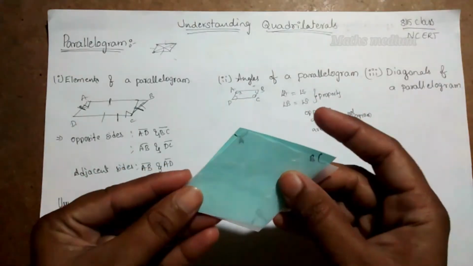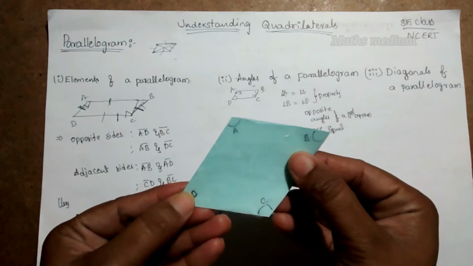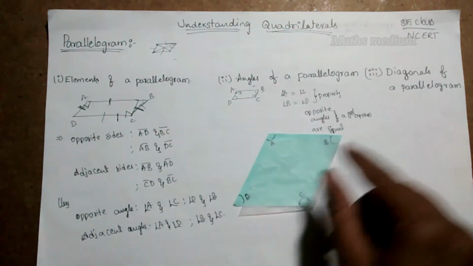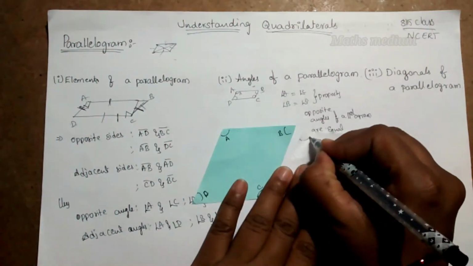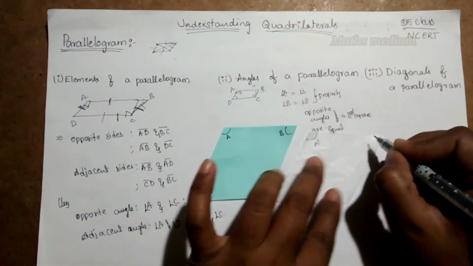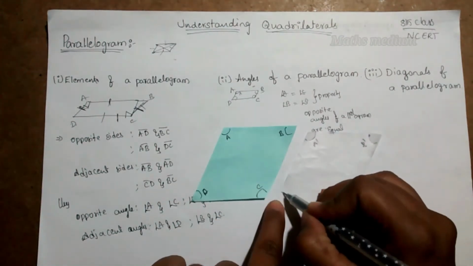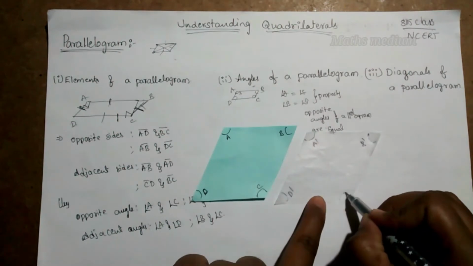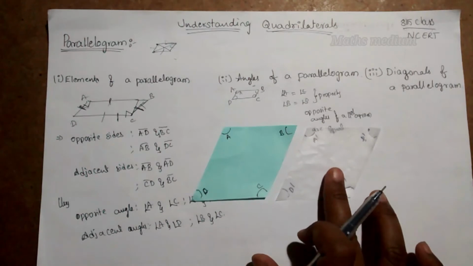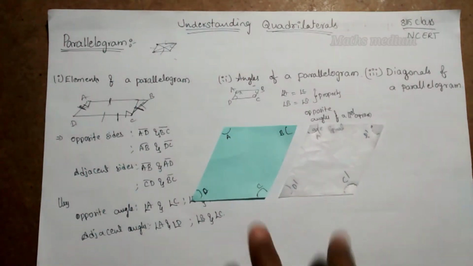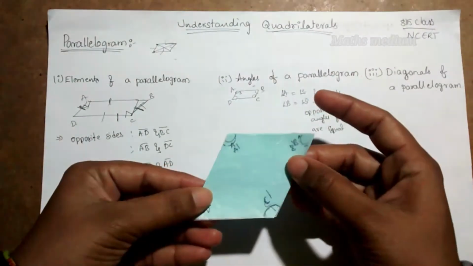I am taking the same measurement of the ABCD parallelogram on the trace paper. Let it be angle A dash, angle B dash, angle D dash, and finally C dash. This is similar to this, right? So exactly we have two parallelograms. Now put this on this parallelogram.